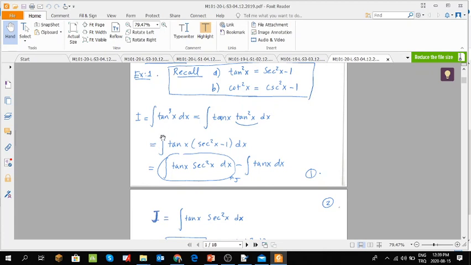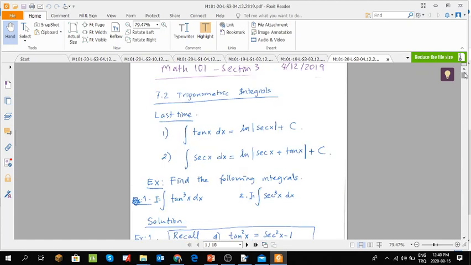I is equal to the integral of tan cubed x dx, which is tan x times tan squared x dx, and we just separated the integral into two pieces like that, and then tan squared is secant squared minus 1, as you would know. We distribute this over: integral of tan x secant squared x dx minus integral of tan x dx. This one is known, which is up here.